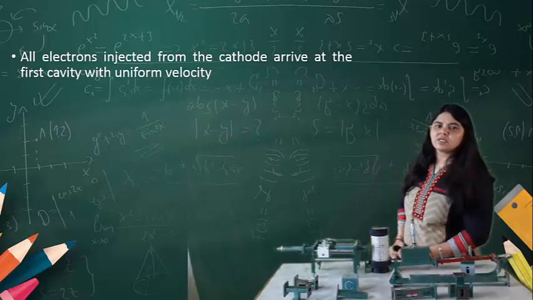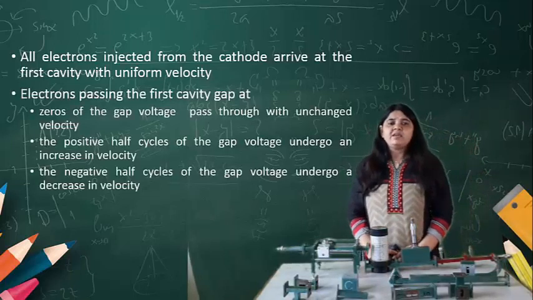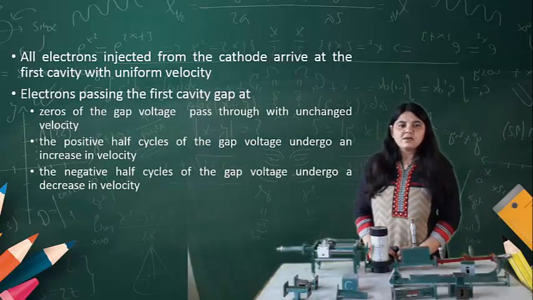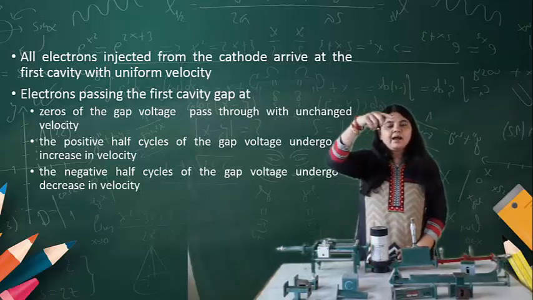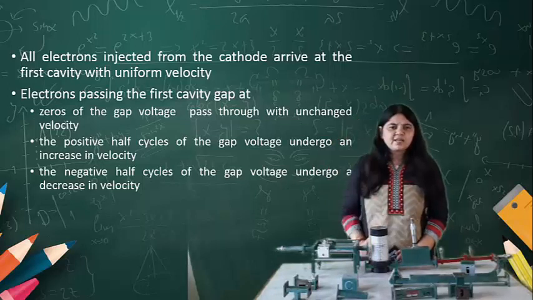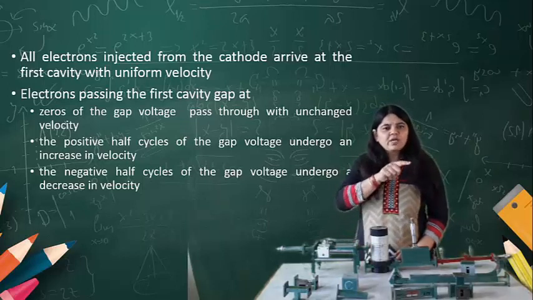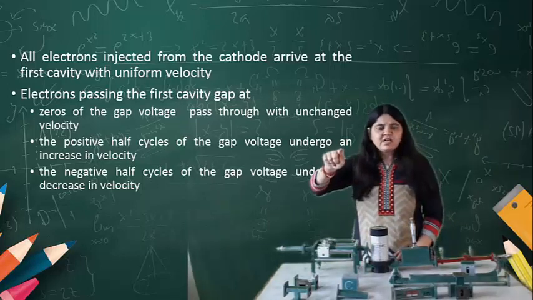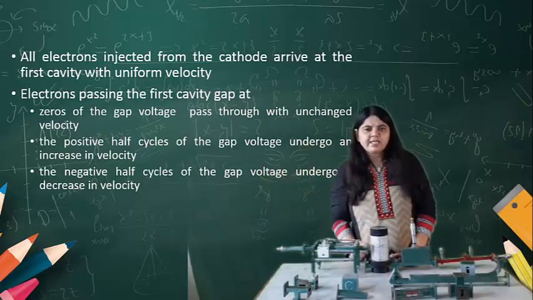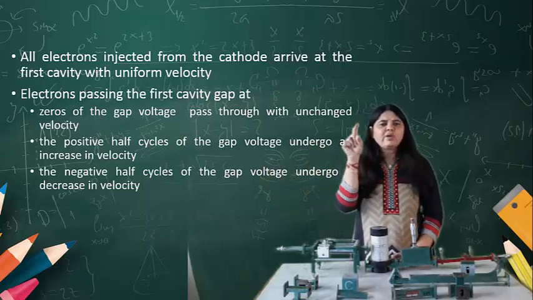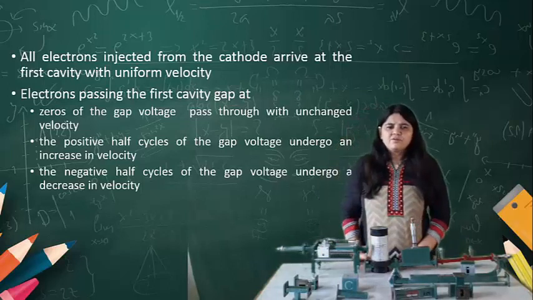All electrons injected from the cathode arrive at the first cavity with uniform velocity. You see the structure, and from that you can get an idea of the tube. If the multi-cavity is there, then there is a first cavity, second cavity, third cavity. Very first they gather at the first cavity with uniform velocity.